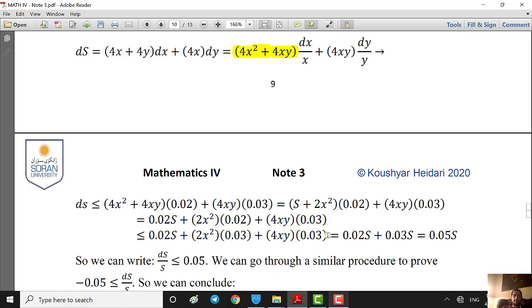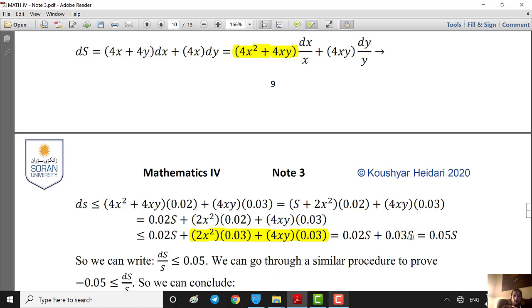Now, the only difference is that here we have reached the conclusion that we wanted. We can factorize 0.03, and 2x² plus 4xy is going to be equal to s, and the summation of these two is going to be equal to 0.03 times s, right?